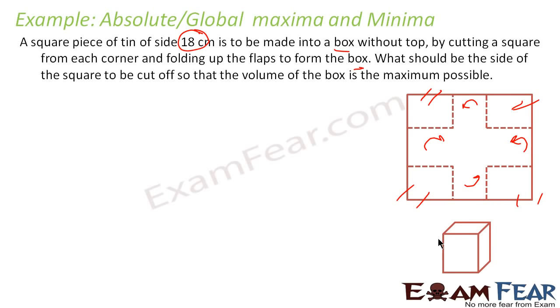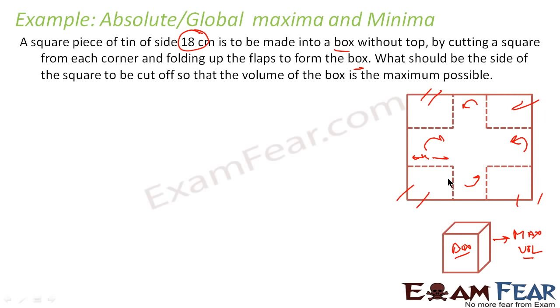This is a cuboid kind of thing you get, right? This is the box, actually. So for this box, I have to find the value of x. This is the value of x, let's suppose. Because this is the square which is cut, we have to find x such that this box has maximum volume.